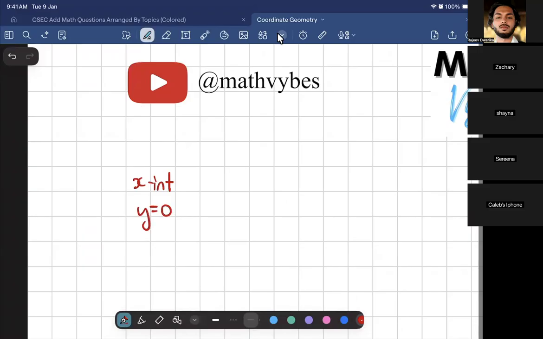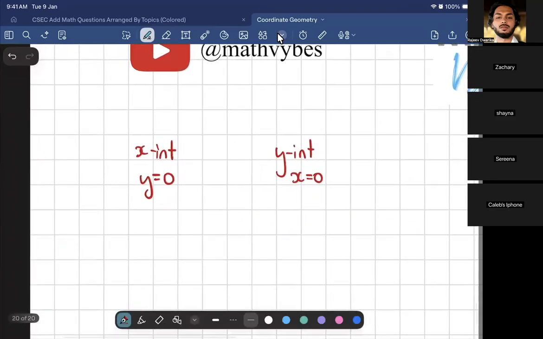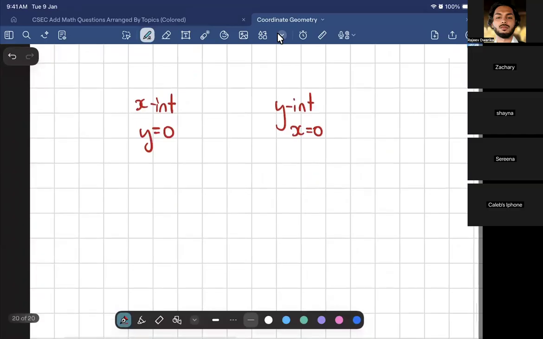So if they give you an equation and they ask you to find the x-intercepts, you're gonna put y equal to 0 and you're gonna solve. At the y-intercept now, what do we know? Yes, we know x is equal to 0. Do not ever forget these two things, please. Very valuable pieces of information.